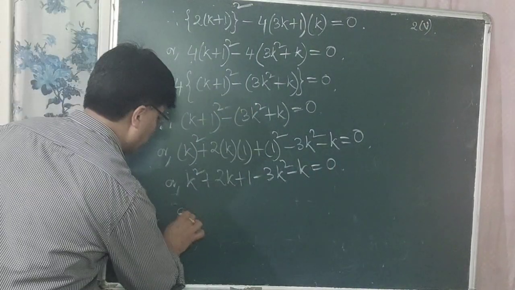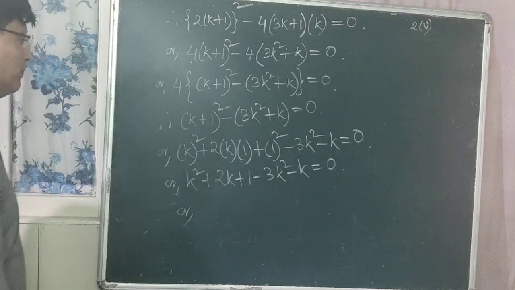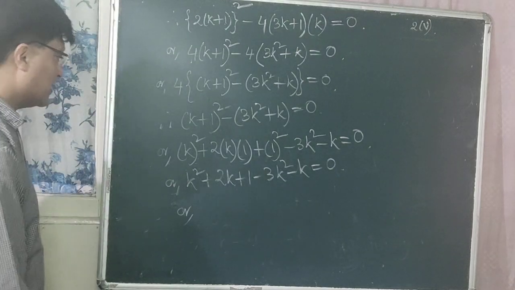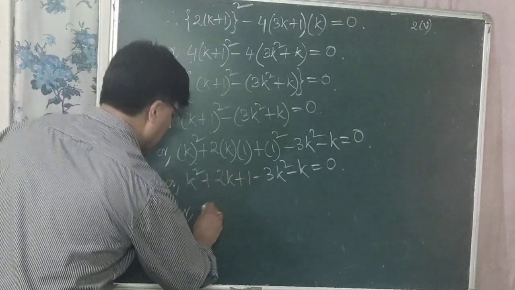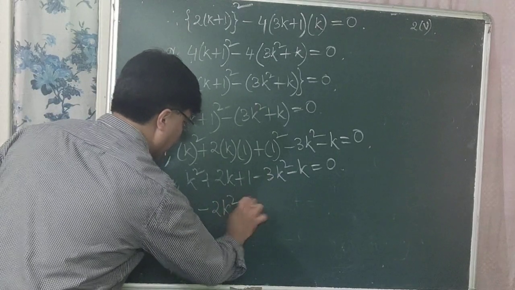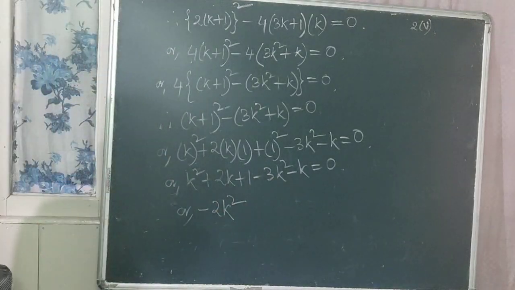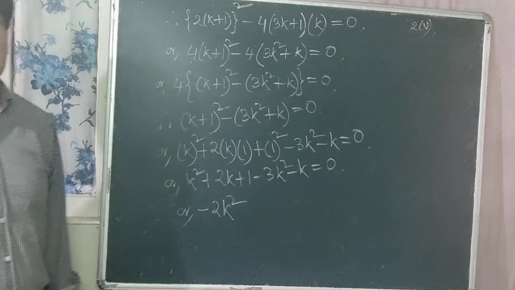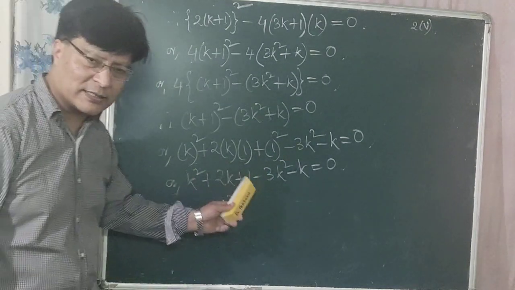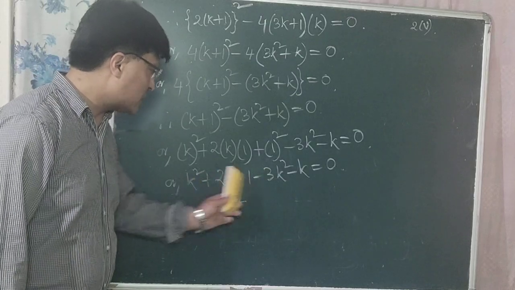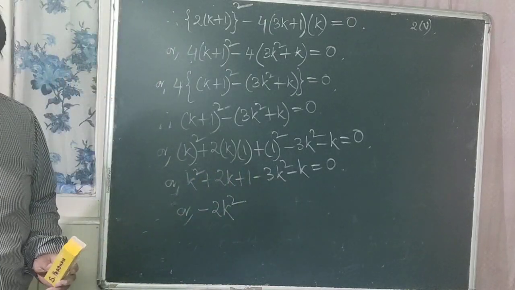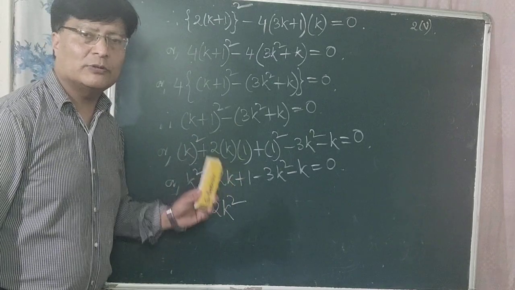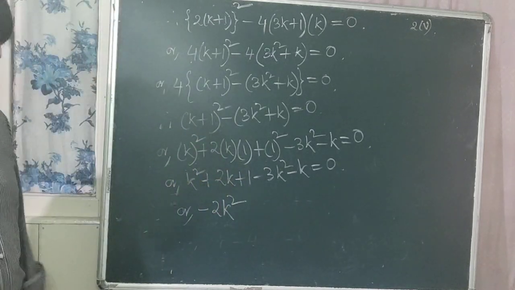Now again you can simplify it. How much is k square minus 3k square? Minus 2k square. Different signs you have to subtract, but these are similar terms. k square and minus 3k square are similar terms, you can simplify them. But this is plus and this is minus sign. Different signs you have to subtract, and you have to write down the sign of the greater number.